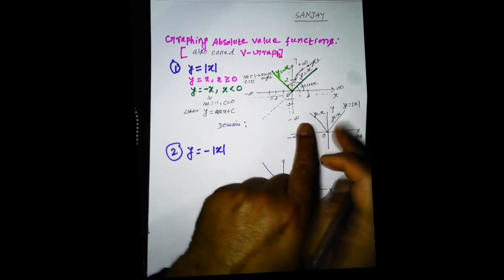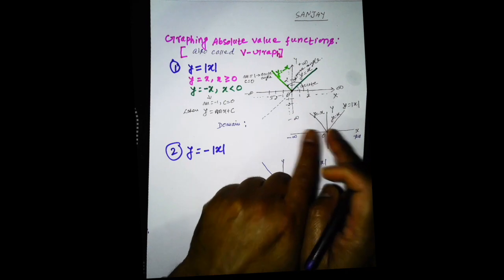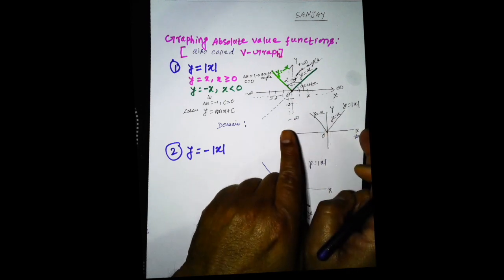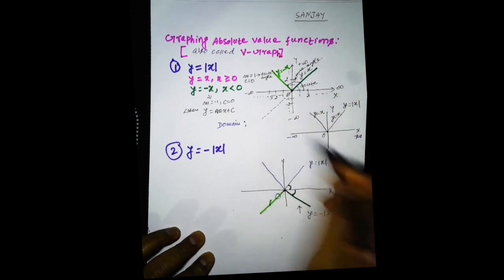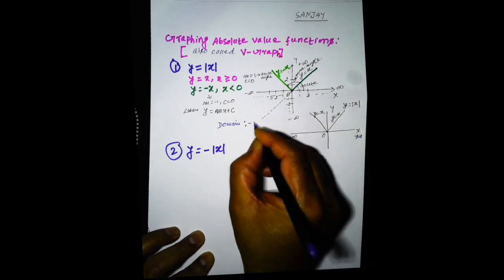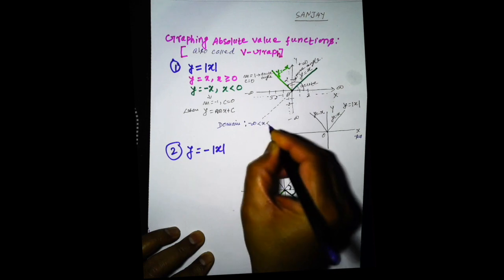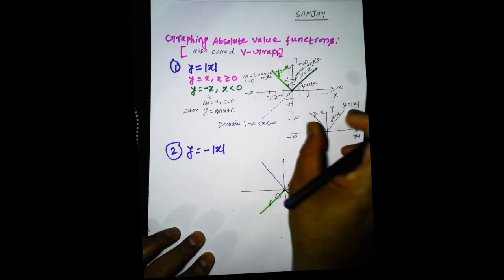This graph will go along the positive and negative infinity of x, and similarly it will rise about positive infinity of y. So x can take values from negative infinity to positive infinity. So this is the domain of the given function.